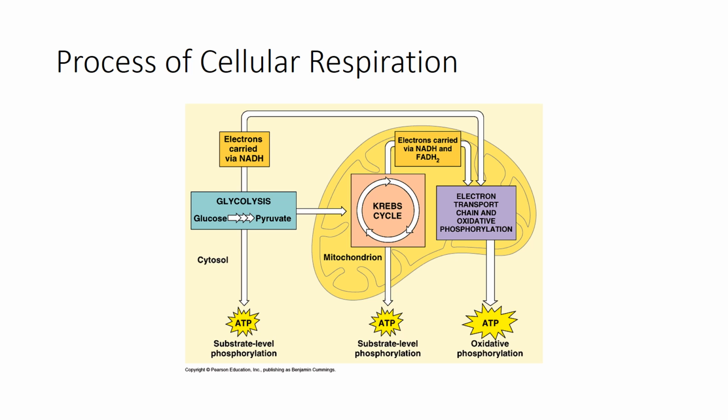If oxygen is present, then the products of glycolysis, which are going to be pyruvate and NADH, will move into the mitochondria, where further extraction of energy will occur to make more ATP. If no oxygen is present, then the product of glycolysis, i.e. pyruvate, is going to undergo fermentation to allow glycolysis to continue.